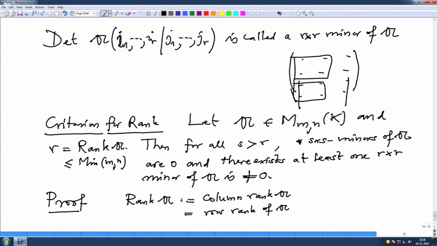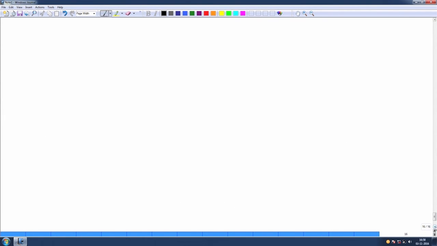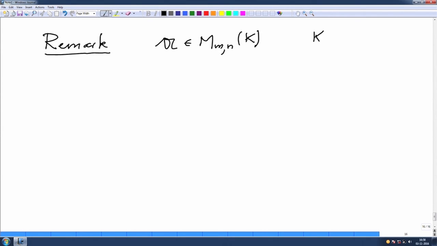Okay. Now, I will also make one remark which I do not remember if I made it earlier, but it is very important. Suppose we have a matrix A, an m cross n matrix in M_{m,n}(K), where K is a field, and suppose I enlarge the field to L, where L over K is a field extension.